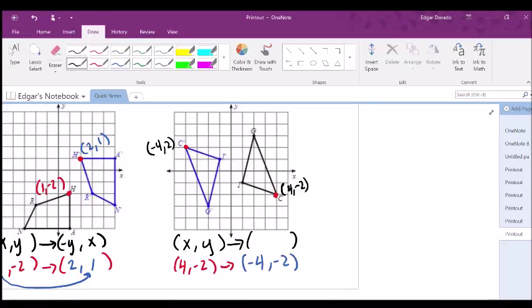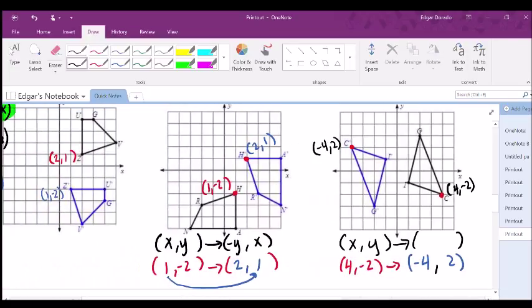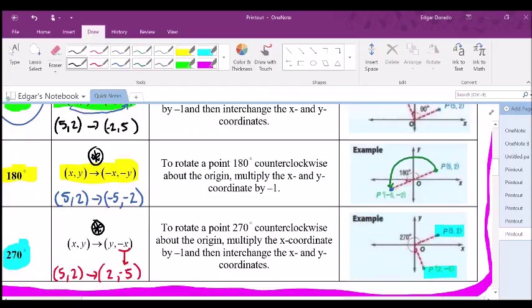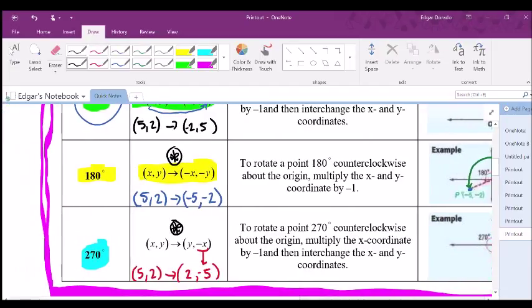So one thing I noticed right off the bat here is that the 4's stay as x's, the 2's stay as y's. The only, wait, my bad. This is a positive 2, my bad. So the 2's stay as y's as well, except for now their signs are switched. So which rotation tells us to keep the numbers where they are, just switch the signs? Right here.